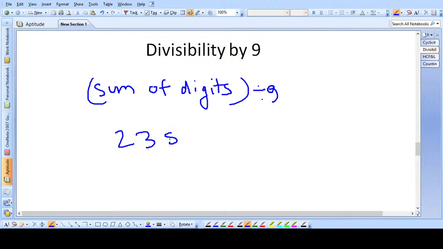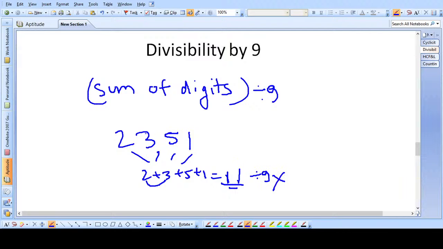Let's take the summation of all these digits: 2 plus 3 plus 5 plus 1. 2 plus 3 is 5, 5 plus 5 is 10, and it will be 11. So the sum is 11 and it is not divisible by 9. Hence this whole number 2351 is not divisible by 9. So this is the condition: the sum of all the digits should be divisible by 9, only then we can say that it is divisible by 9.